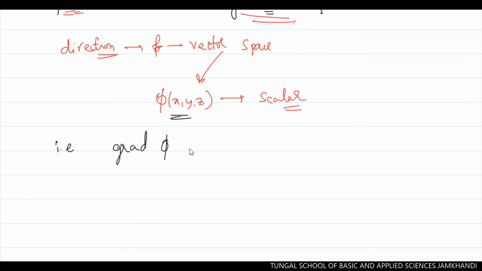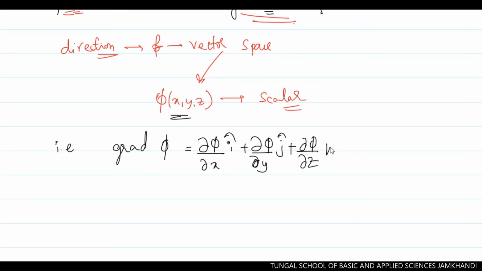Grad of phi is equal to its variation of that same function along the x-axis in that direction, plus variation or rate of change of that function along y, which is dou phi by dou y, along the y direction, that we write as j cap, plus similarly the variation of the same function along z is given by dou phi by dou z, along the z direction we write as k cap.